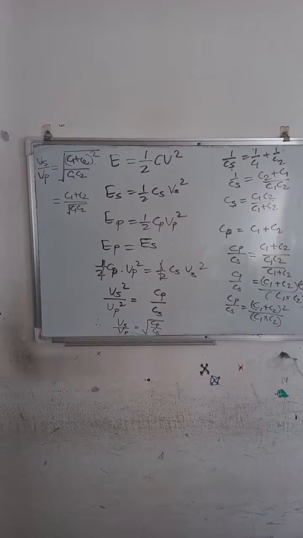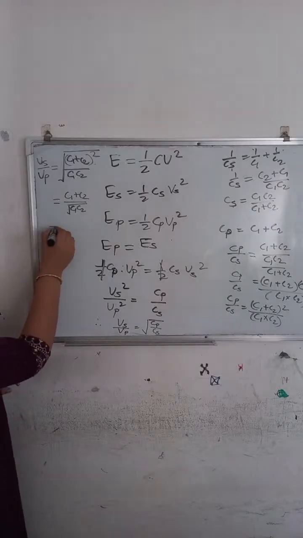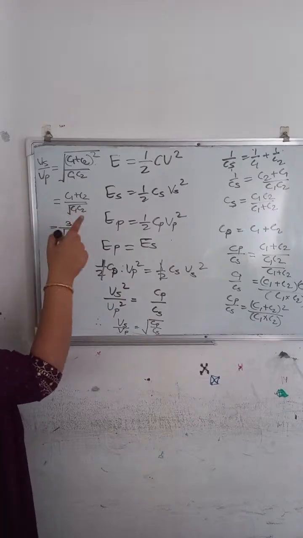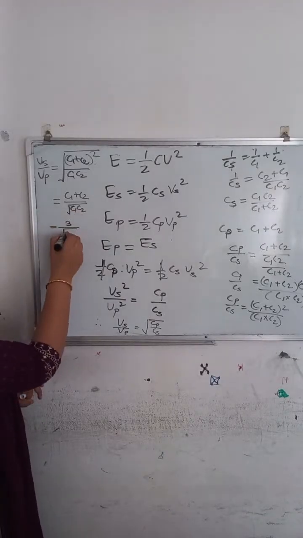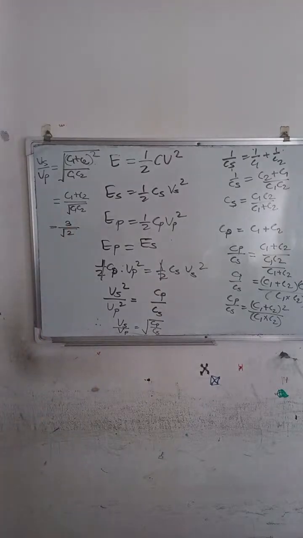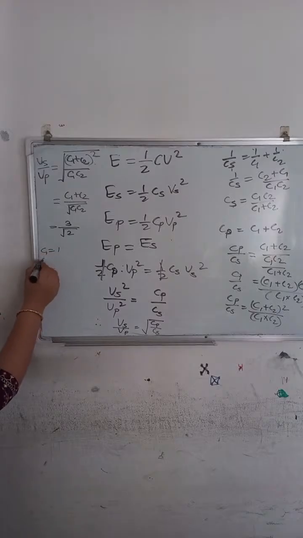They are saying the capacitances are in the ratio of 1:2, meaning C1 is 1 and C2 is 2. So 1 plus 2 is 3, divided by root of 1 into 2, which is root 2. The answer you will get is 3 by root 2.